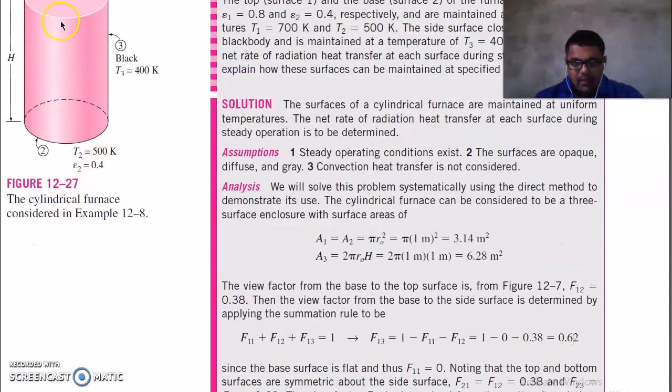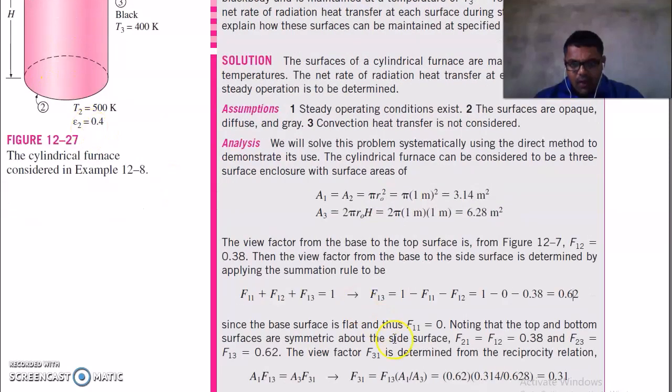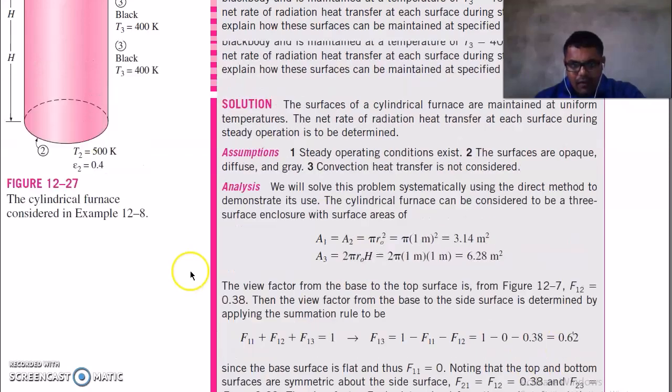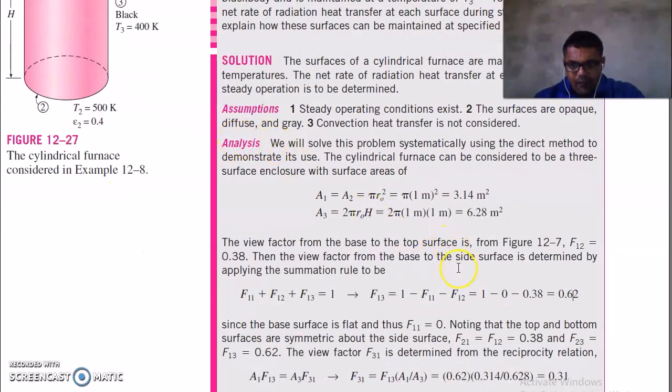Noting that the top surface and bottom surface are symmetric about the side surface, F21 must be equal to F12, which is equal to 0.38, and F23 must be equal to F13. F13 we had already calculated, so F23 must be the same.